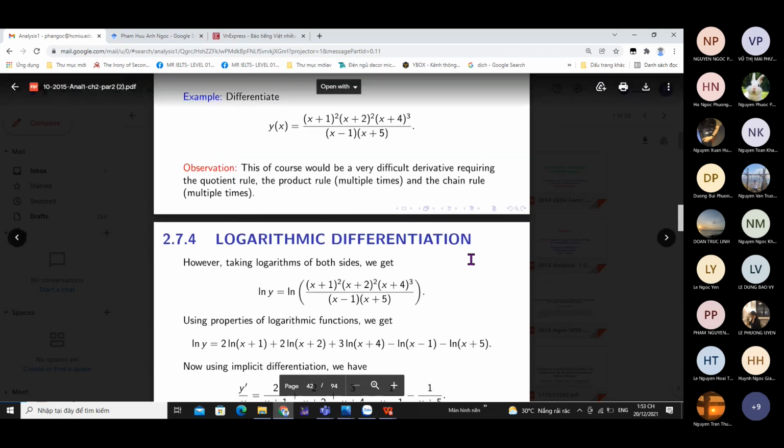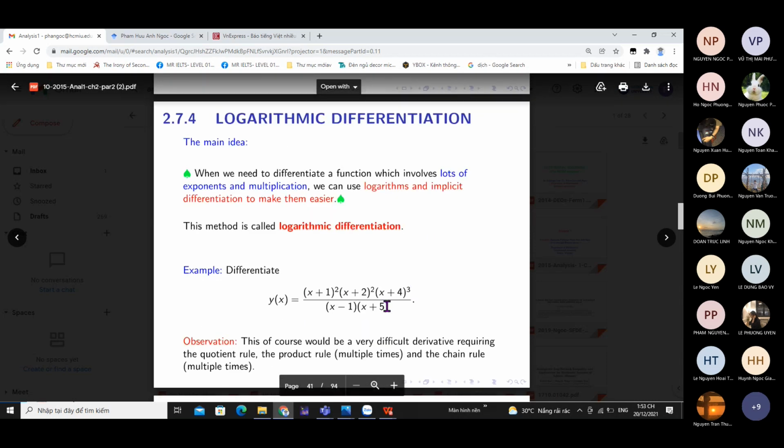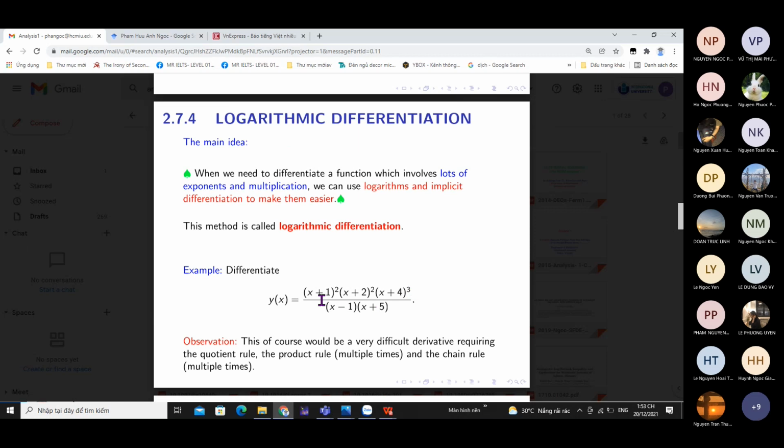Here you see, look again at this function. You have got lots of exponents. You have got lots of multiplication. (x plus 1) squared times (x plus 2) squared times (x plus 4) cubed over (x minus 1) times (x plus 5).